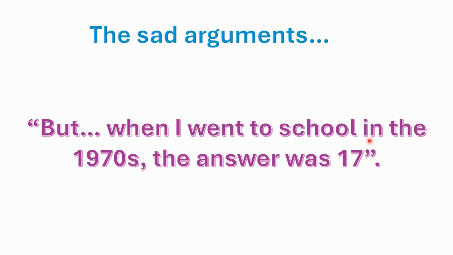And then, of course, you always get these sad arguments, too. But when I went to school in the 1970s, and you can replace 1970s with 1950s, 1940s, I've even seen people try to say 1980s. Basically, it's the excuse of choice. Whatever decade you went to school, people will say this kind of stuff.